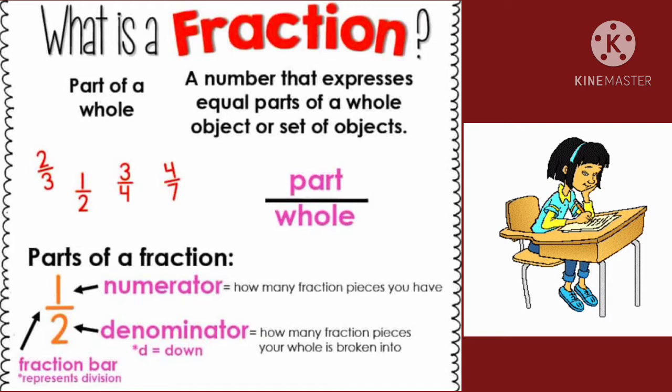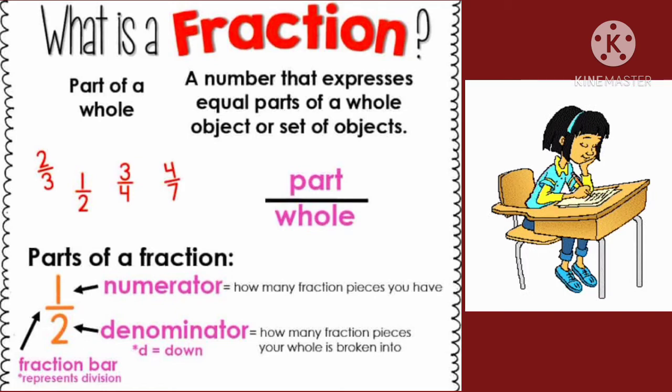Now let us see the terms numerator and the denominator. The top digit in the fraction can be called as numerator, and the bottom digit in the fraction can be called as denominator.